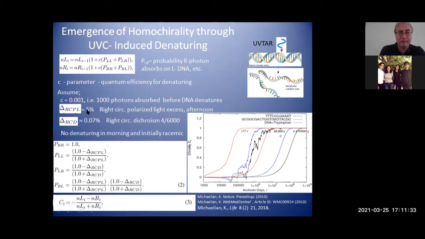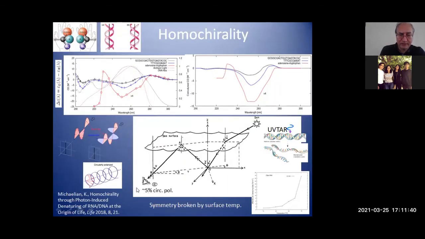And if we assume that we have a 5% excess of right-handed circularly polarized light in the afternoon, for example, at the ocean surface, we get an excess maximum of about 5% in the afternoon.